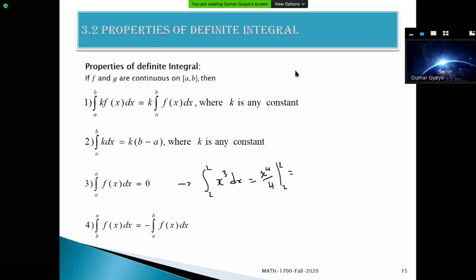So you will get 2 to the power 4, which is 16 over 4, minus, at 2 again, 16 over 4. And you will get 0. It's just wasting time calculating this. But if you realize you have an integral from a to a, just keep in mind that regardless of what f is, we'll get 0.